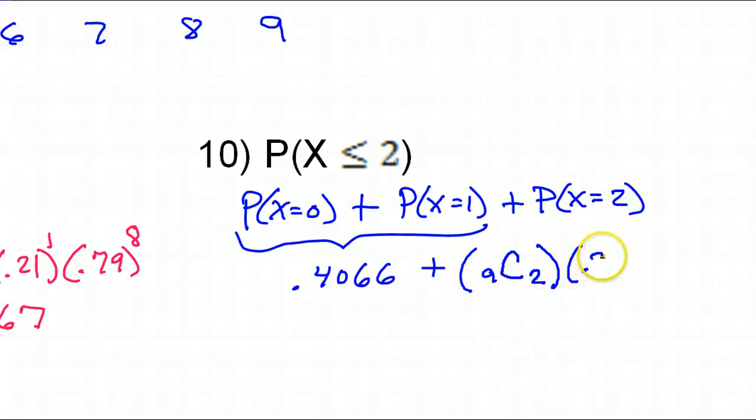Now I put my probability of success, and the power is the number of successes. And then I put my probability of failure, and here goes the number of failures. It's a total of 9, so this must be 2 successes and 7 failures. Okay, just put that in the old calculator, and there you go.